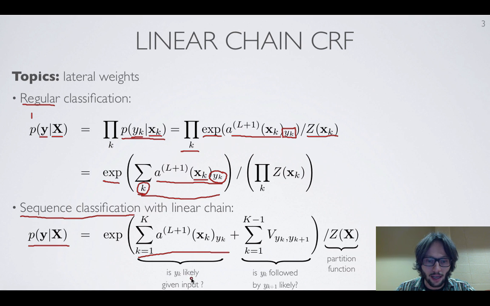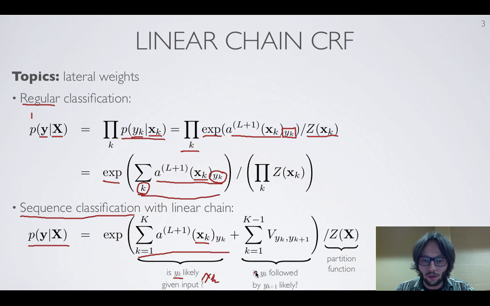This is essentially saying how likely we think the particular value of yk, for which we're evaluating a probability, is given the associated input xk. So that's why we have xk here.